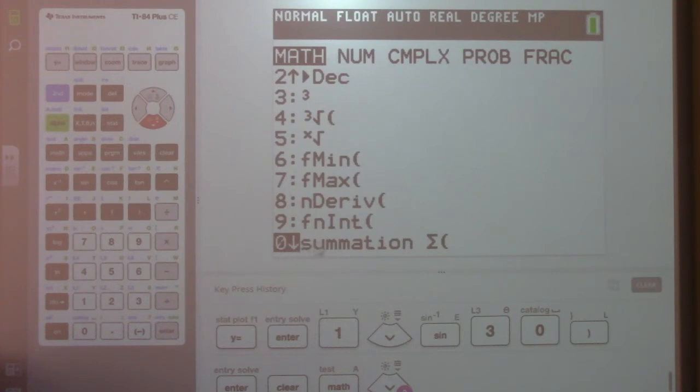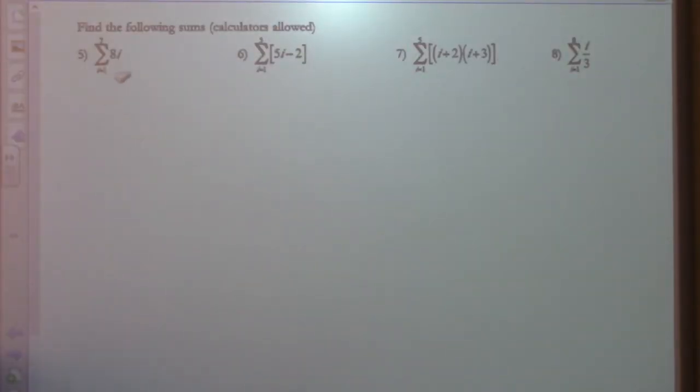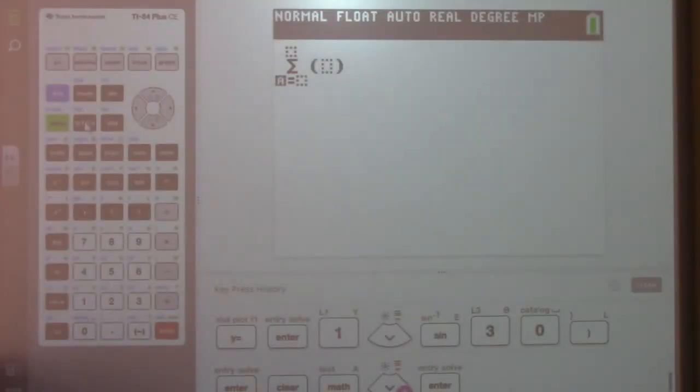So Math 0. So we'll get right here. So we start out, it says I equals 1. Well, you're at liberty to use whatever letters you want. So sometimes, just to make things easier, I'll use X. So you can go X is equal to 1.